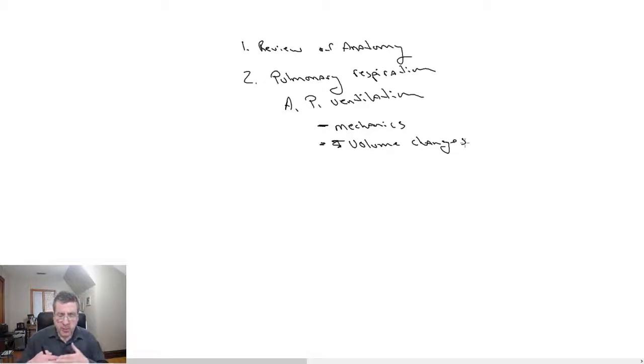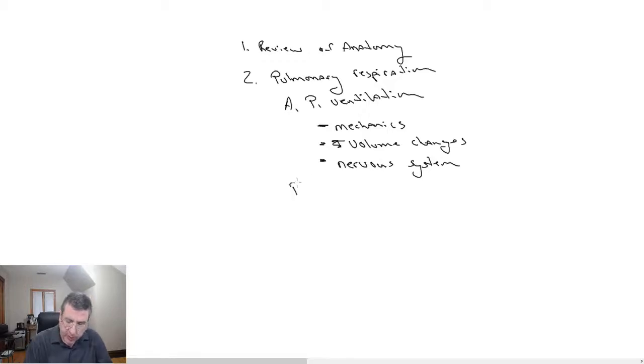Then the volume changes within the lungs themselves. We're going to be looking at your tidal volume, how much air can fit into your lungs. And the last thing that we're going to be looking at is a brief look at your nervous system and how your nervous system is associated with this.